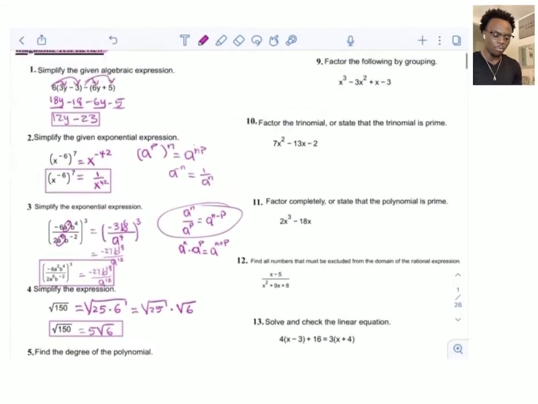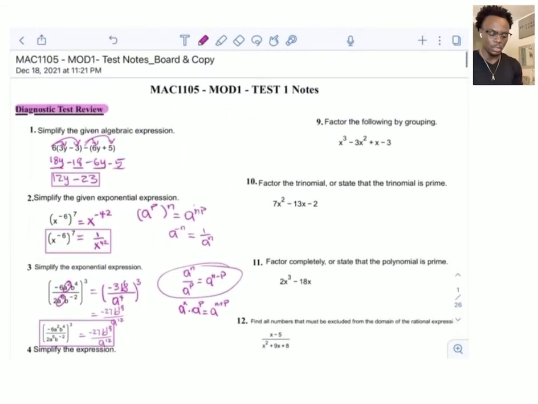Now let's see number 9. Number 9 is to factor by grouping. To factor by grouping, the essential part is that you need to have 4 terms. Group them in two groups of 2 terms, and then find the GCF of each group and factor it out.